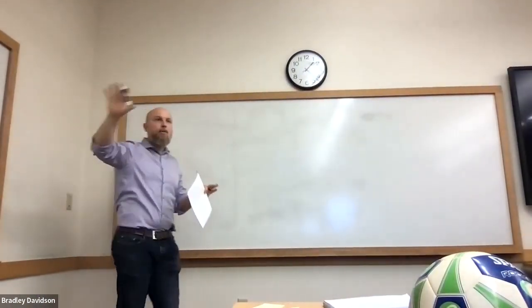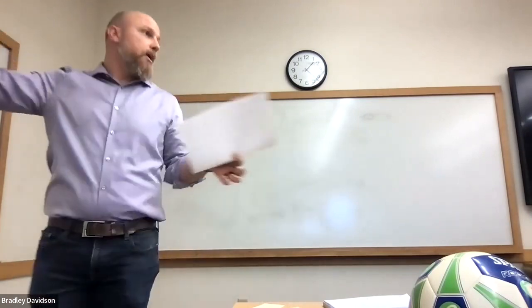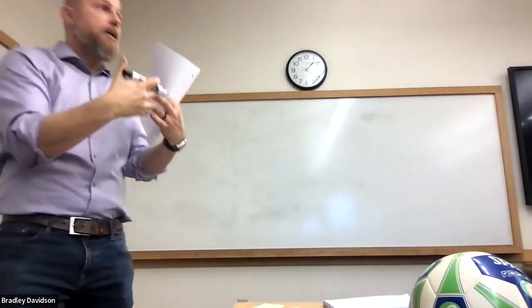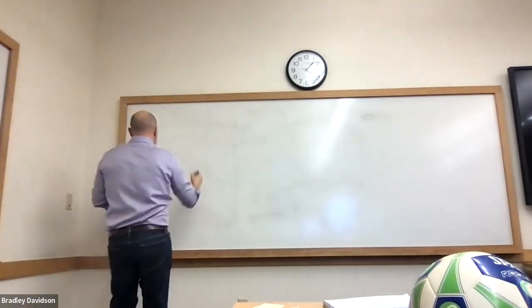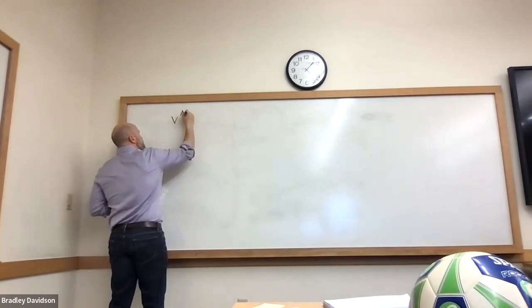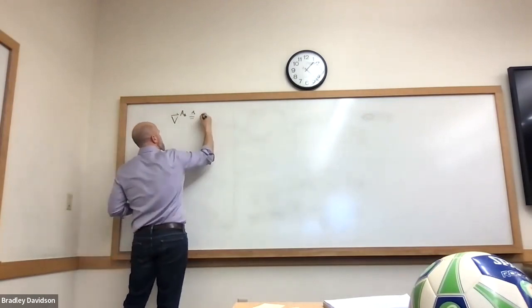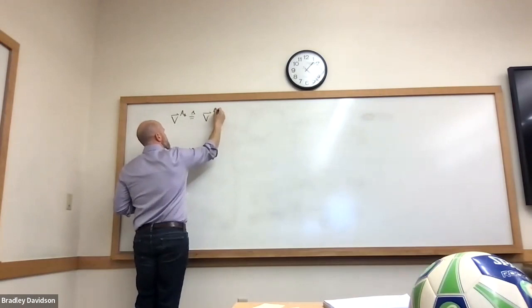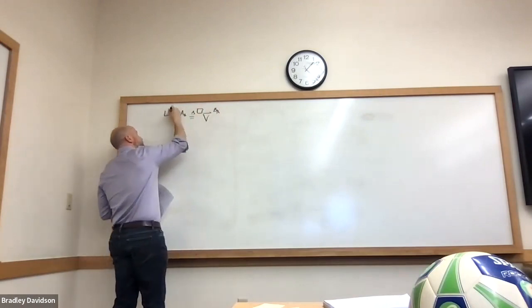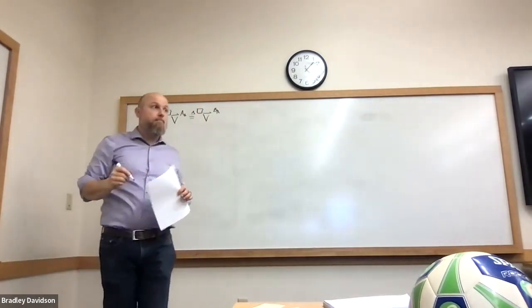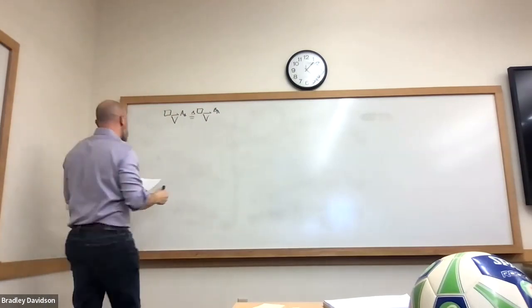So we know that B is rolling on A or A is rolling on B, right? Anything that's in contact with each other is rolling. And so let's write it as the velocity of A sub B by definition is equal to the velocity of B sub A. Leave our reference frame blank as we're doing this.